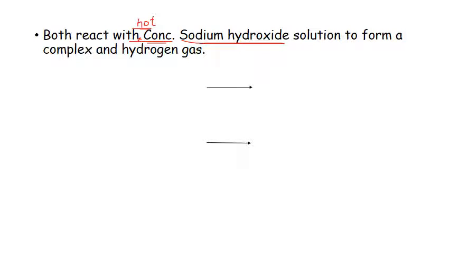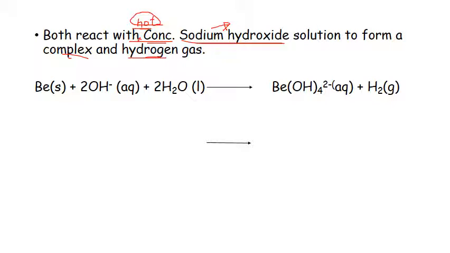Every single time we're talking about sodium hydroxide, you always put that it is hot and concentrated. And it forms for us a complex, which is still the other original complex we're dealing with, and hydrogen gas. Like you're going to see. That is it.